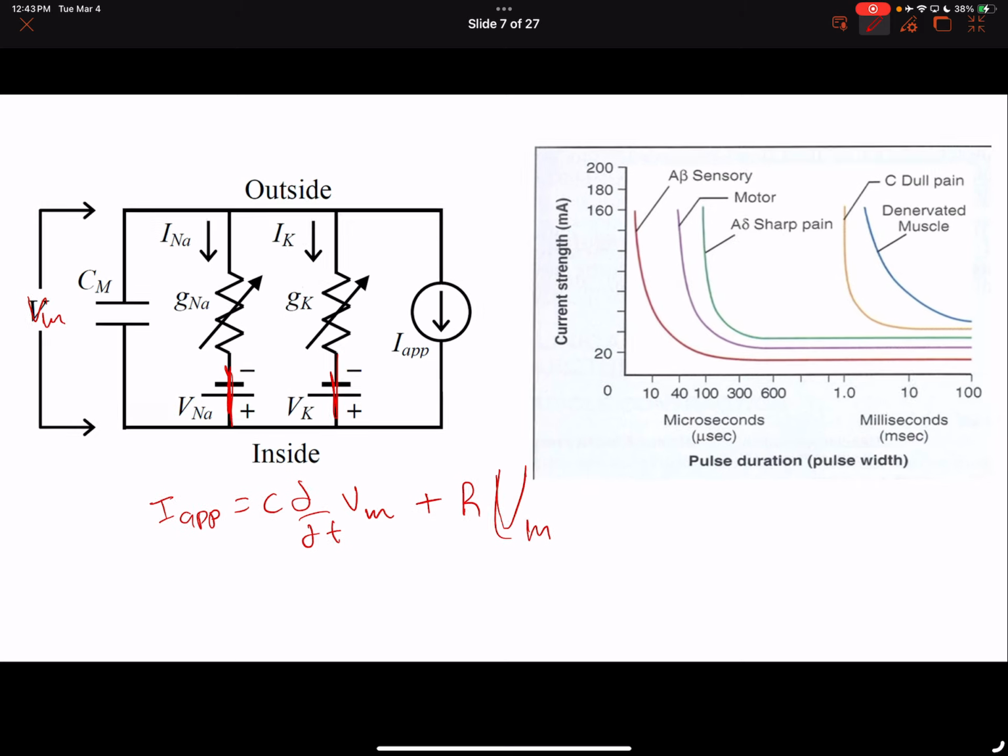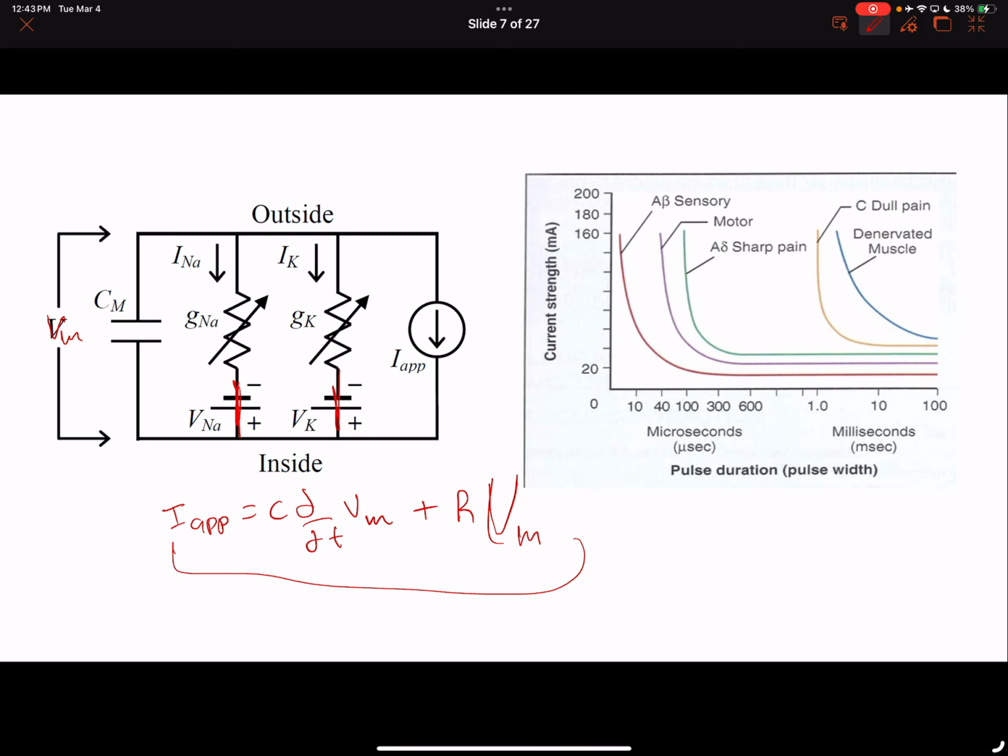So this is your typical standard RC circuit. Different types of cells have a different value of R, and they also have a different voltage that they need to reach in order to be activated.